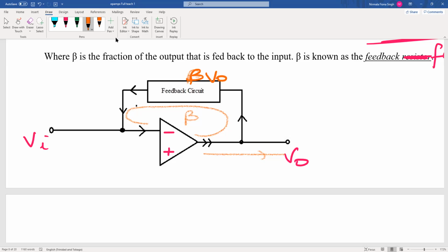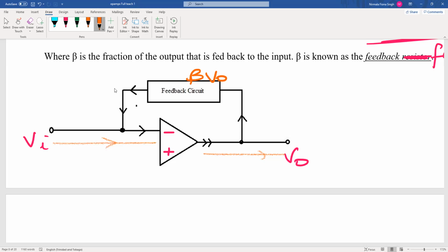So let's look at the voltages in our circuit now. Our input is VI. Our output is V naught. This whole line here is VI, but now I have introduced my feedback voltage, as in this is being fed back into my circuit.